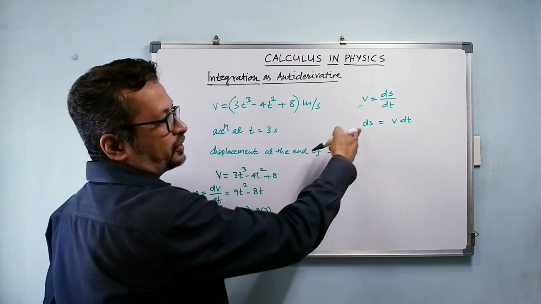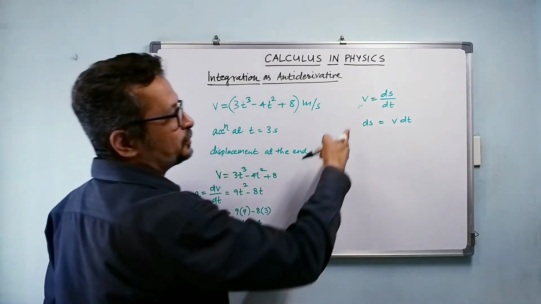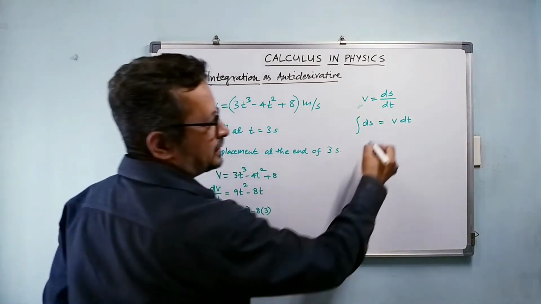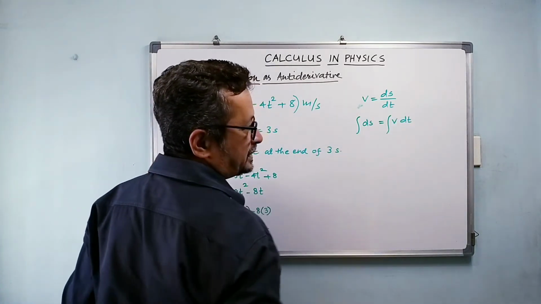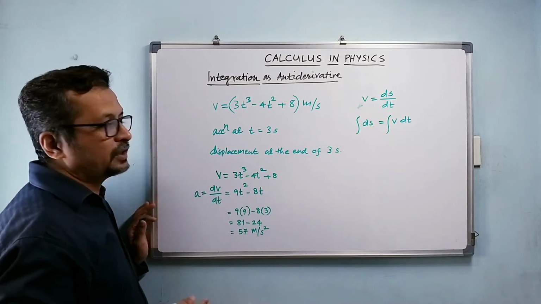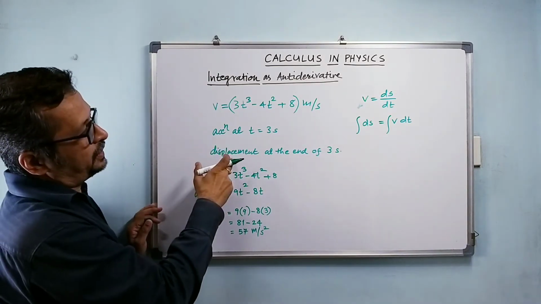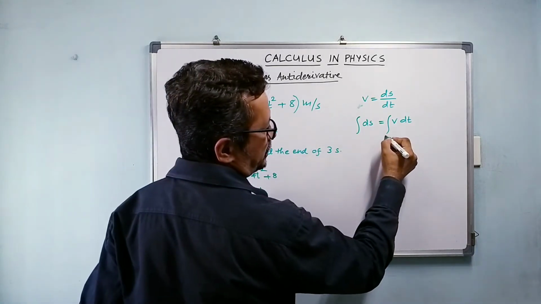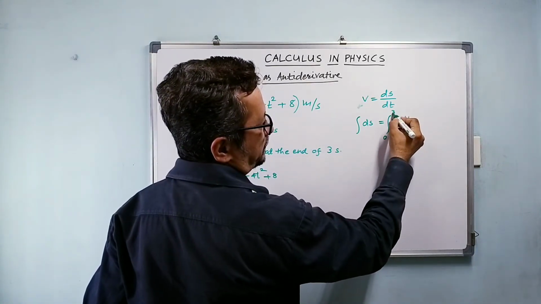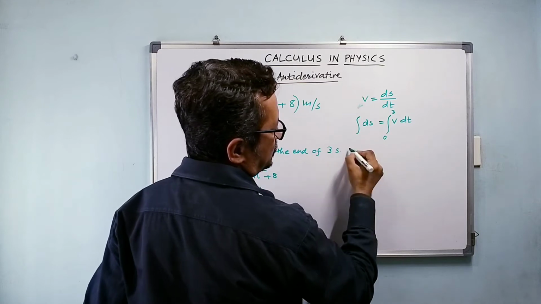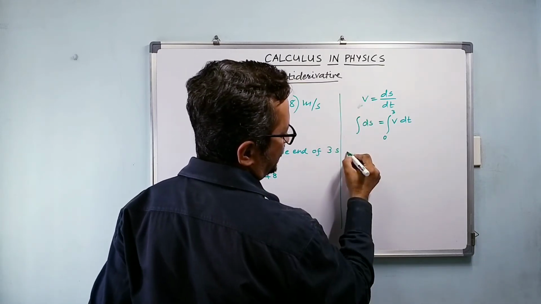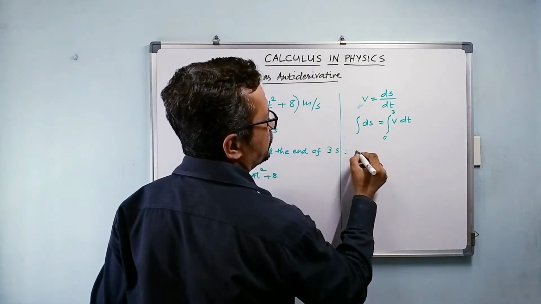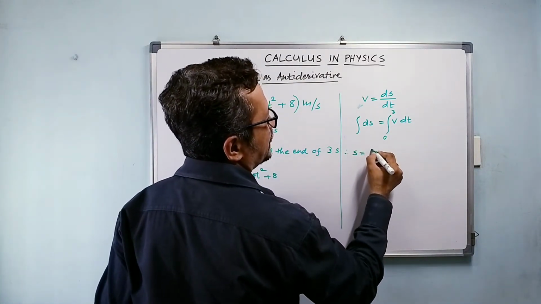So now for getting displacement, I need to integrate ds, and so I integrate the right hand side as well. And what are my limits? Displacement at the end of 3 seconds. So I start from t equal to 0 to t is equal to 3. Correct? This is my limit. So then this is going to be, therefore, integral ds. Okay, integral ds is going to be equal to s.